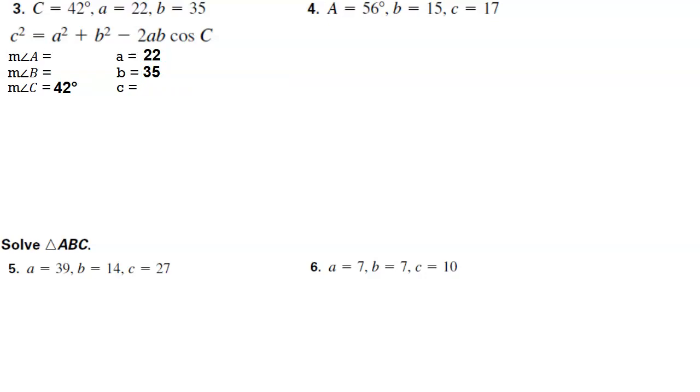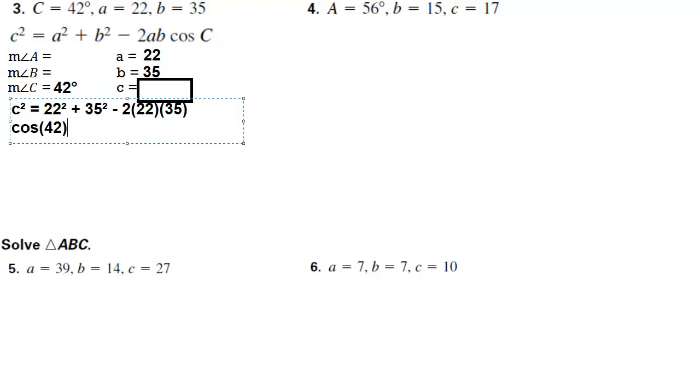All right, so it would be really nice if we had the complete story about the letter C. So that's what we're going to do. We are going to try to solve for the letter C. That means we're going to use the third version, like I said. And we're going to get C squared equals A squared plus B squared minus 2 times 22 times 35 times the cosine of 42.